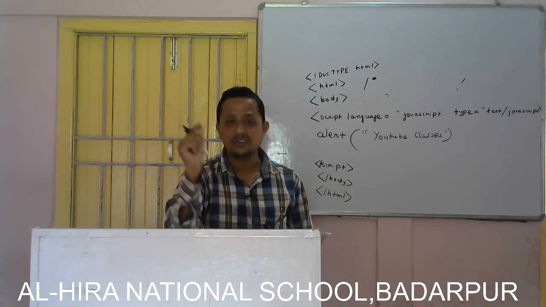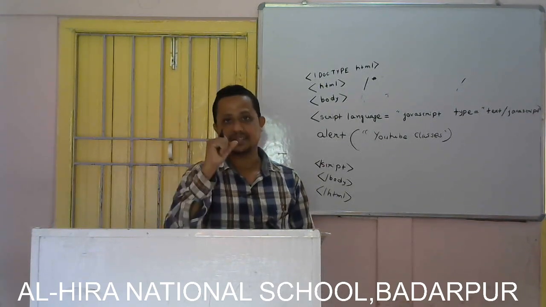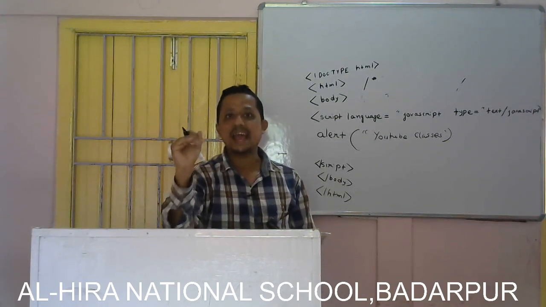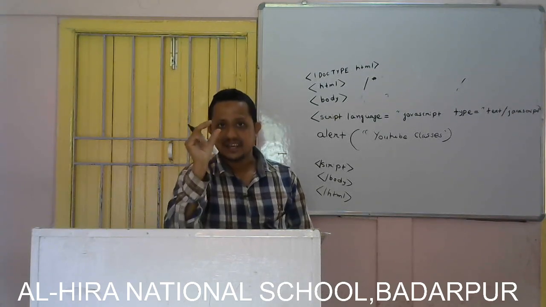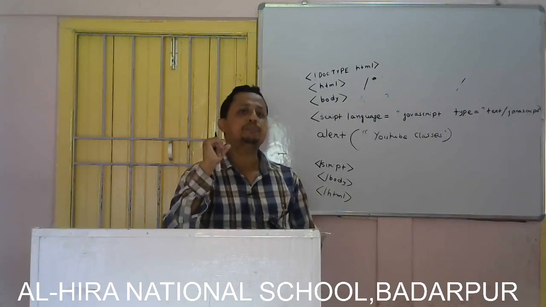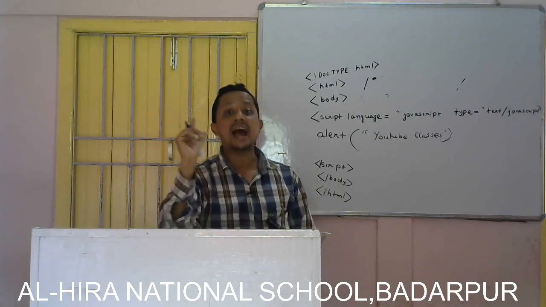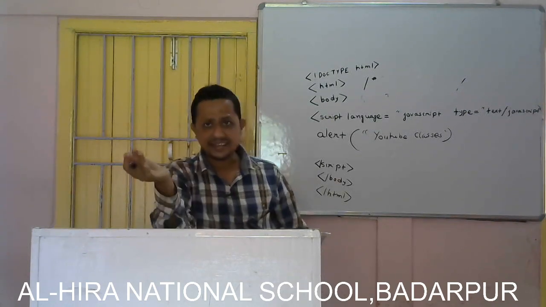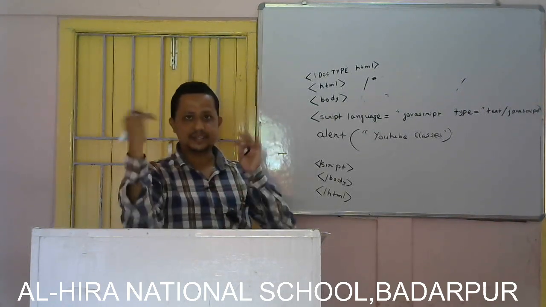The name of a variable cannot start with a digit, but it can have digits. The first character should be a letter or an underscore. After that, we can have letters, numbers, digits, underscores, anything.